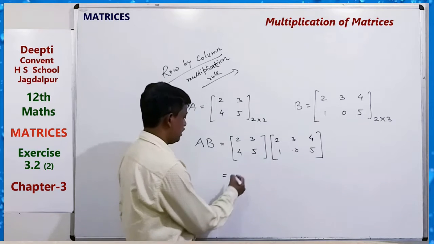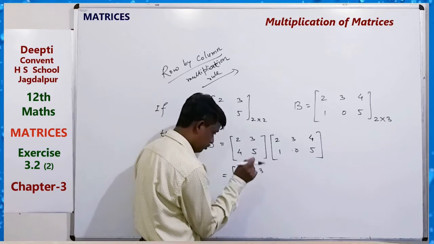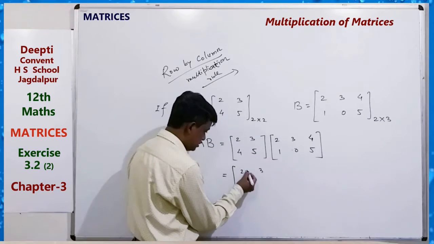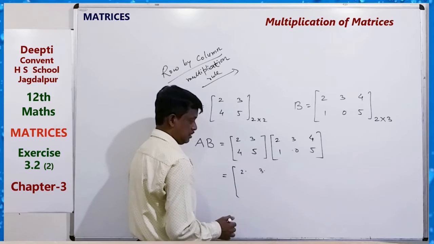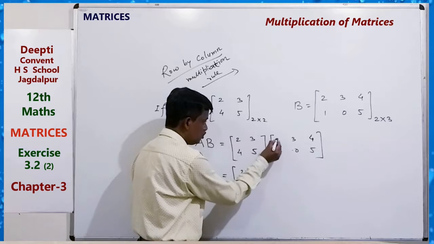So how can you write it like this? Row, that is 2, 3. What will the first element be? In the first element, row by column.